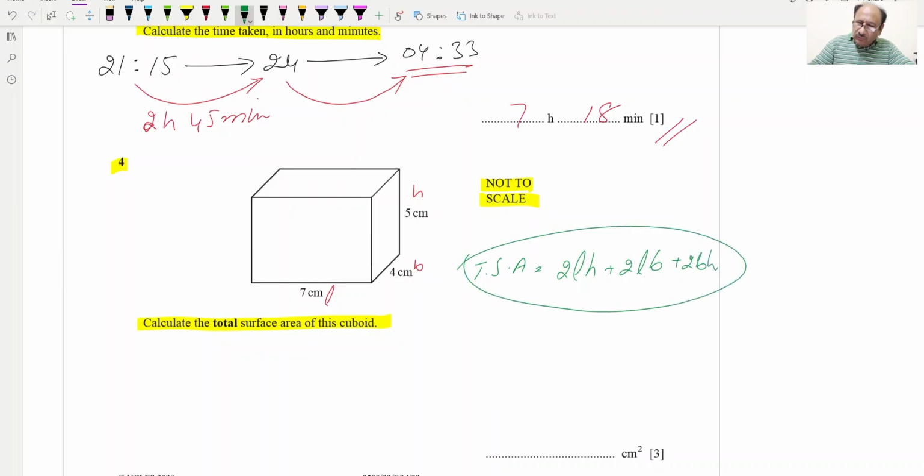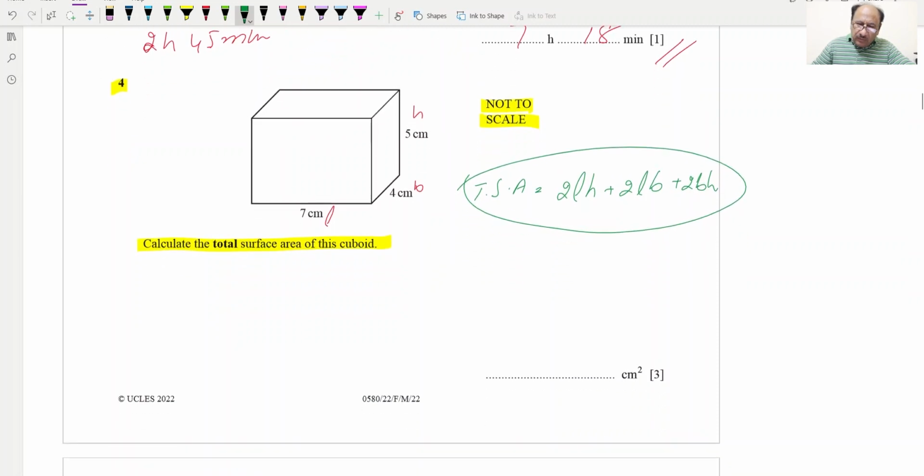We will be replacing the values. This will be 2 into 7 into 4 plus 2 into 7 into 5, where 5 is the height, plus 2 into 4 into 5.